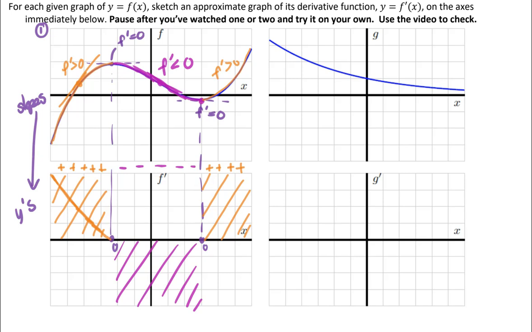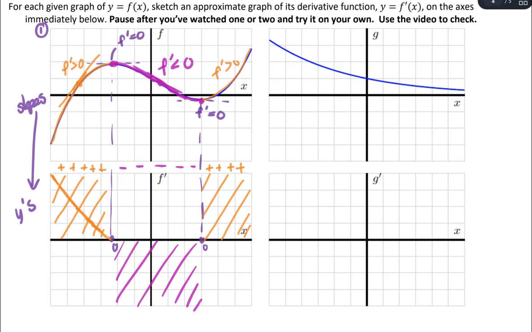For this middle section, I start with a slope of 0, and then they start to get a very little bit negative. Somewhere in here, I get the steepest negative. It's still not very steep, but it's definitely the steepest negative. And then they start to get flatter again until my slope is 0.